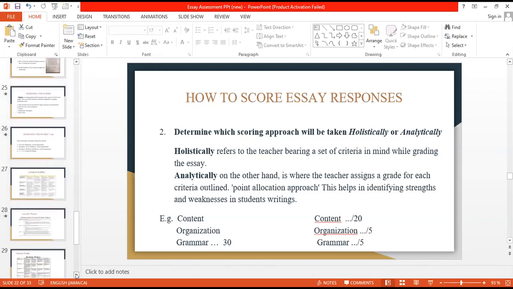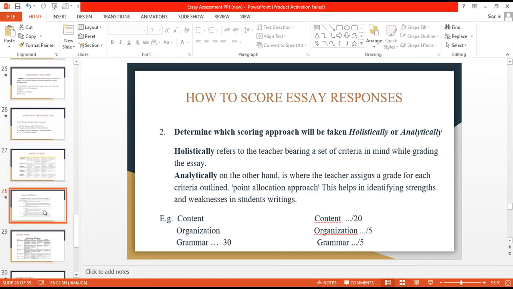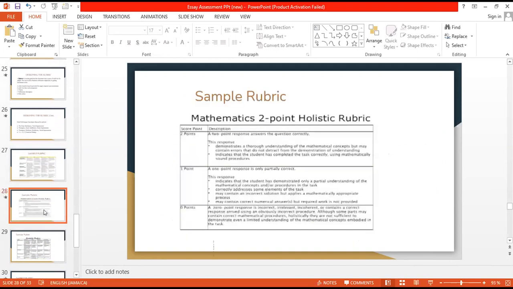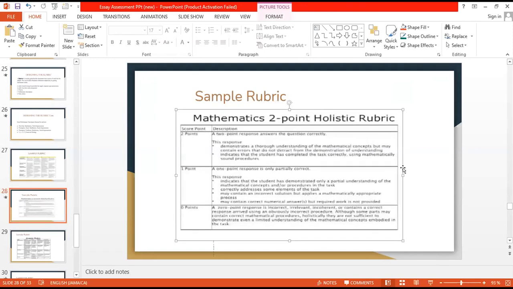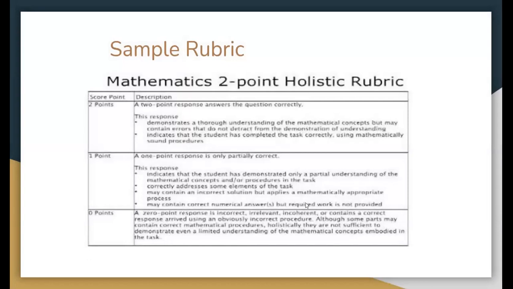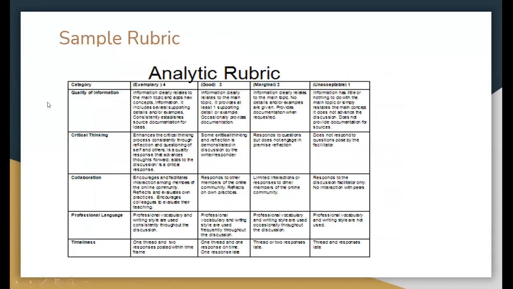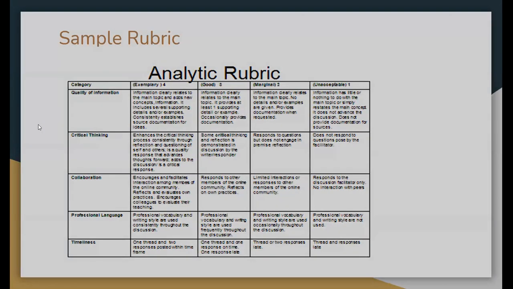Look on your rubric, because we can't make it out. That's the problem. Here is a holistic rubric. Can you bring it up some more for us? But that's how you have to do it. You can slideshow it, and increase the slide, no? Put on the slideshow. Let us see if we can see it, because this is hard to see. Okay, so here is an analytic rubric.